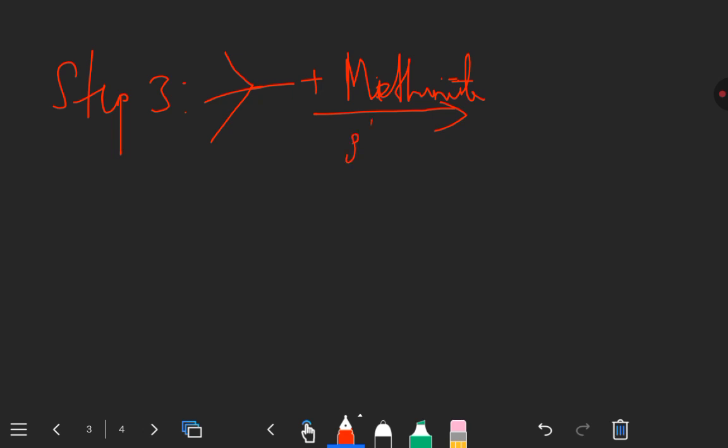In a methanide shift, you're just shifting the methyl. So it will move from that point. Then the methyl group will be there, meaning that the carbocation will now shift to this point.